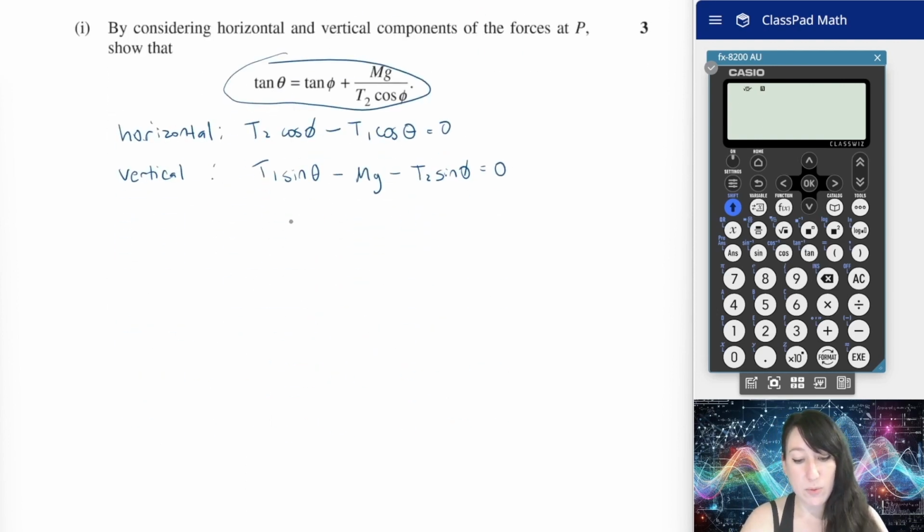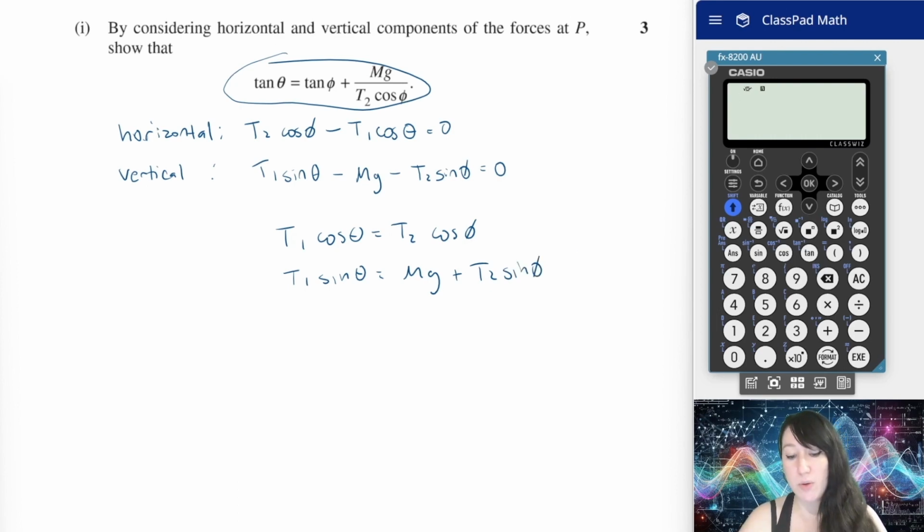So we can write the first equation, T1 cosine theta equals T2 cosine phi. And the second, T1 sine theta equals mg plus T2 sine phi. Now we'll divide the second equation by the first equation. And then just simplify.